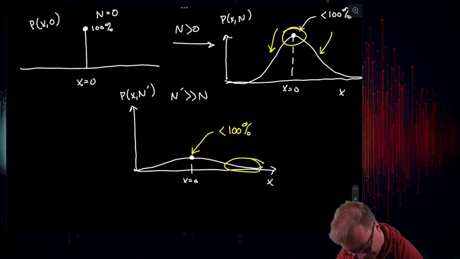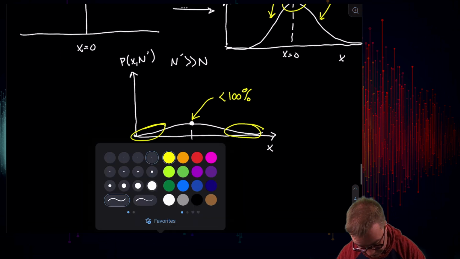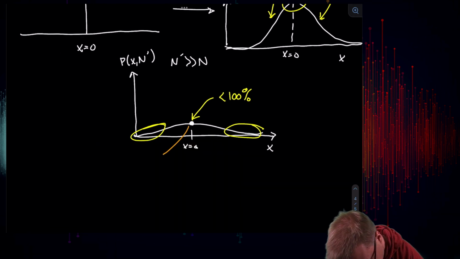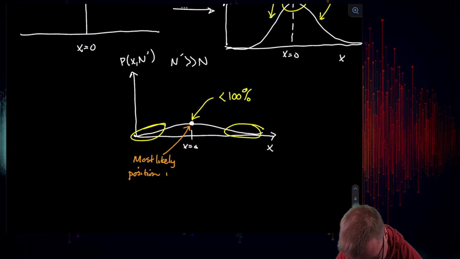But you can see that in these regions out here, you start to develop a non-zero probability of being out there. But at the end of the day, your most likely position is x equals 0.